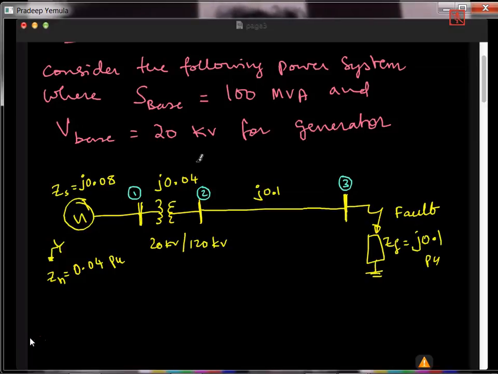This is the power system with 3 buses, 1 generator, 1 transformer and 1 transmission line. Then at bus 3 there is a fault and the type of the fault I have not given. So the question is, calculate fault currents.